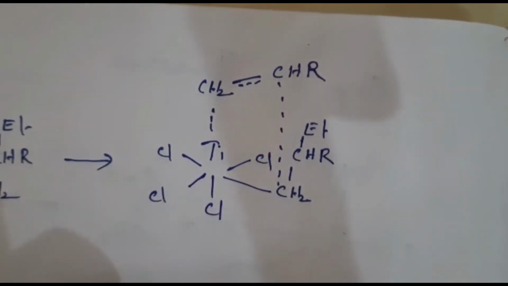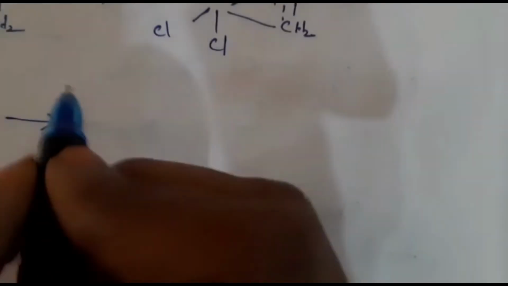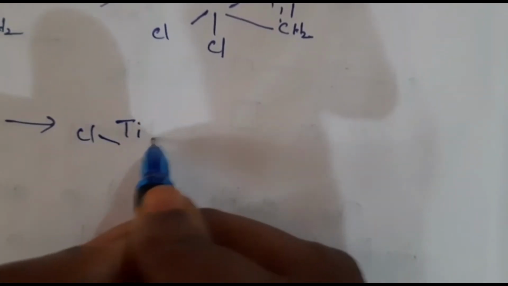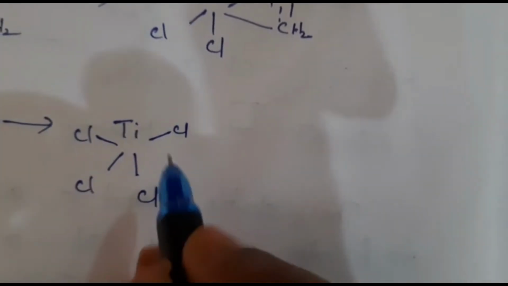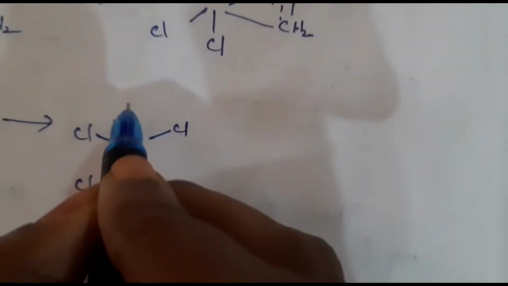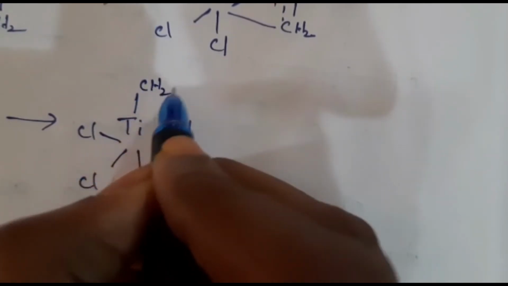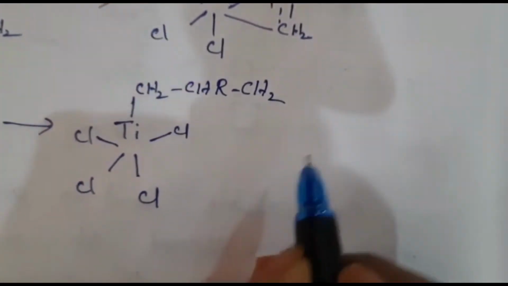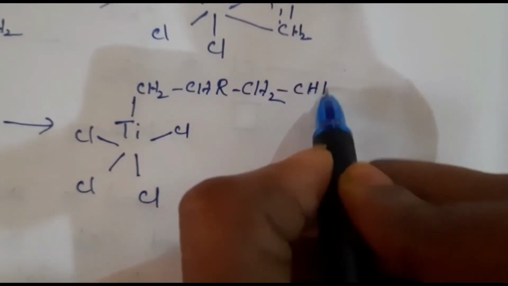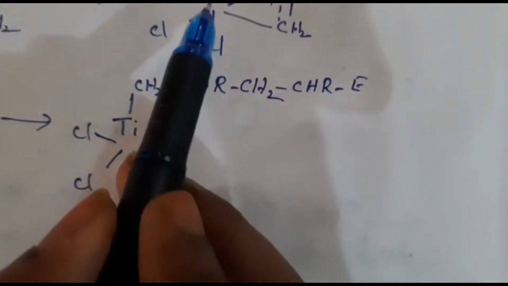So we can write it as Ti, Cl, Cl, Cl, Cl, then CH2, CHR, CH2, CHRET. So this titanium-CH2 bond is broken, and it will form a vacant space in titanium.